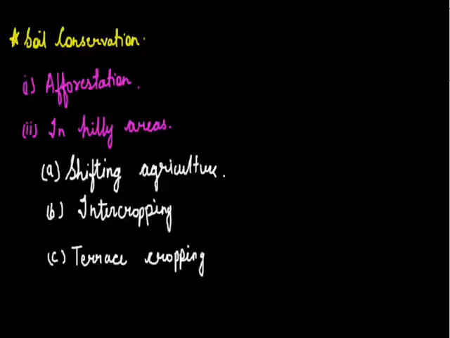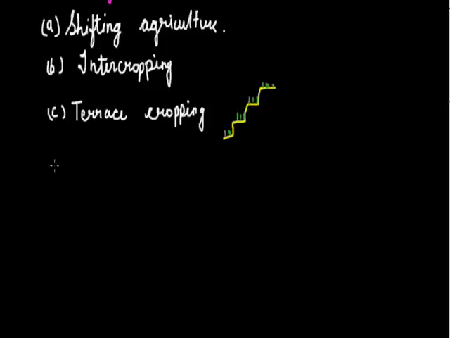We can show this like this also: suppose it is a hilly region, so we can grow crops in little steps, which is easier to irrigate and use.